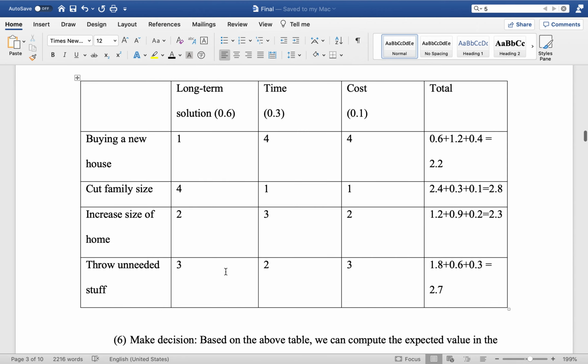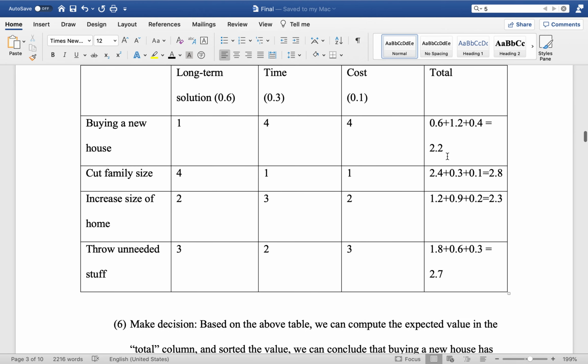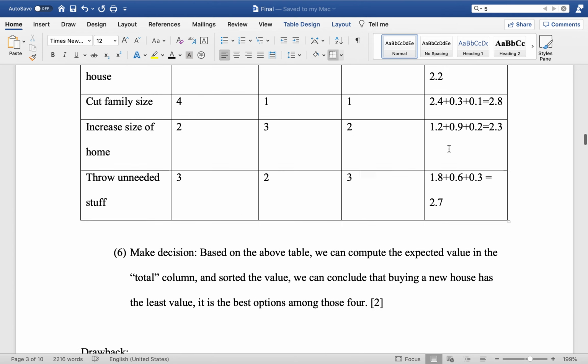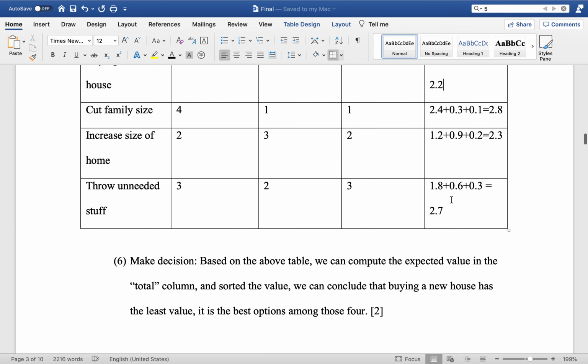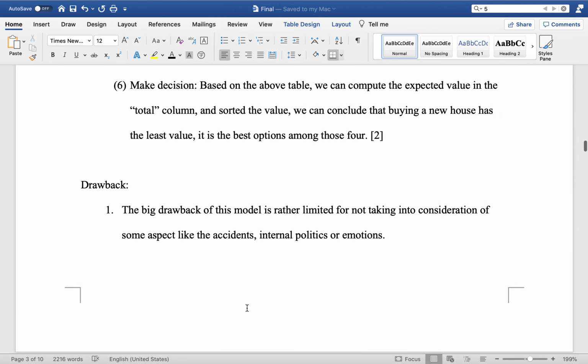Based on this table, we can see that buying a new house gets a 2.2 score, that it has the least value, is the best option among those 4. So there are also some drawbacks for this model.